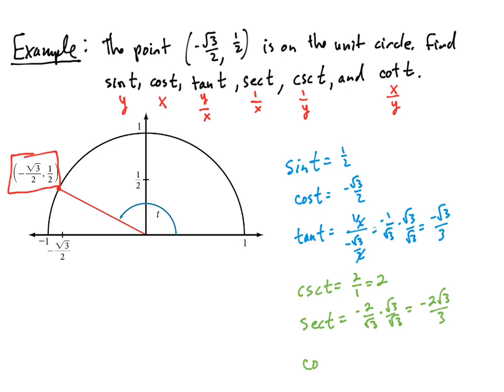And then cotangent of t is the reciprocal of tangent of t. Well, I'm going to take this version of tangent, because by taking the reciprocal, I get a radical. I don't have a radical in the denominator. So these are all of the values that we would want.